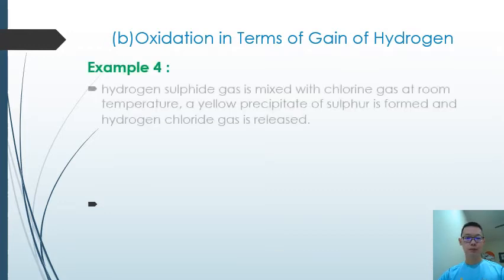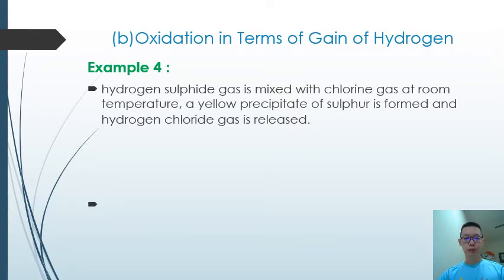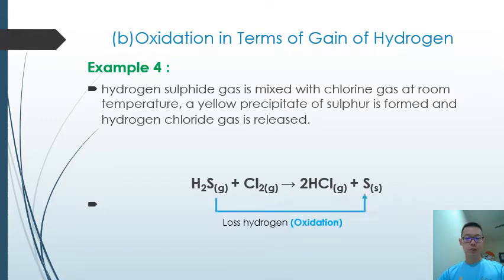Example 4. When hydrogen sulfide gas is mixed with chlorine gas at room temperature, a yellow precipitate of sulfur is formed, and hydrogen chloride gas is released. Let's look at the chemical equation that represents the reaction above. As we can see in this equation, hydrogen sulfide loses hydrogen to form sulfur.